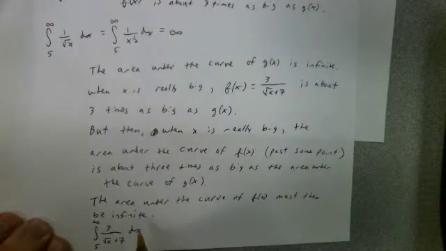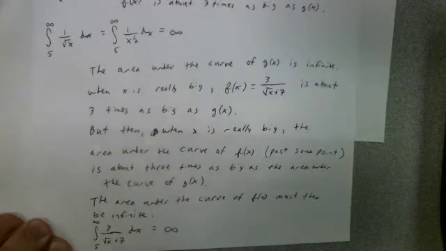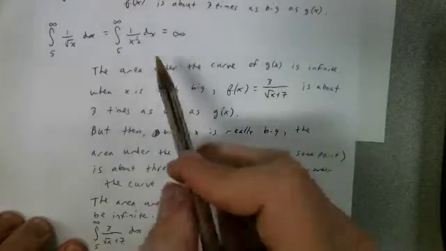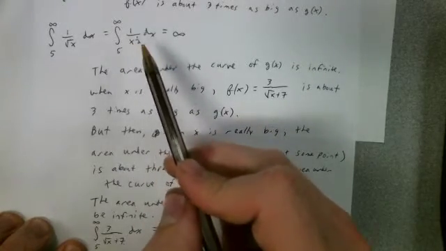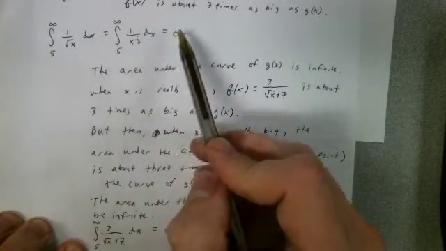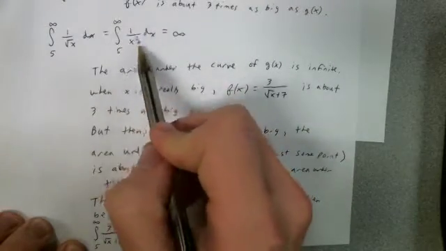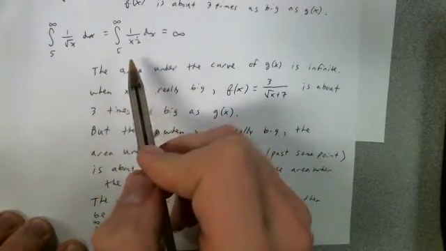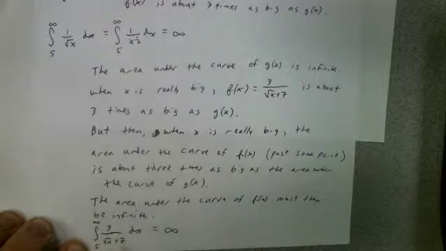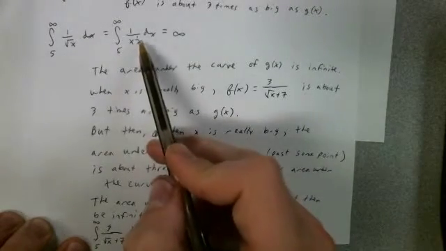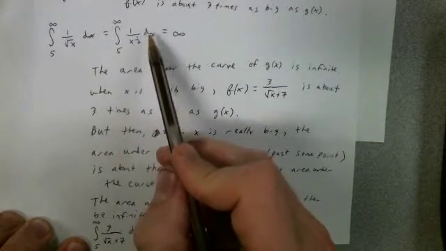Using this reasoning, we can say, okay, this area under the curve is infinite. Why? Well, for this other function back here, the area under the curve, we know it's infinite. And we're saying past some point, so when x is really big, this function is about 3 times as big as this function. So past some point, way off in the distance, if you take the area under the curve past that point, the area under the curve here will be about 3 times as big as the area under the curve over here.